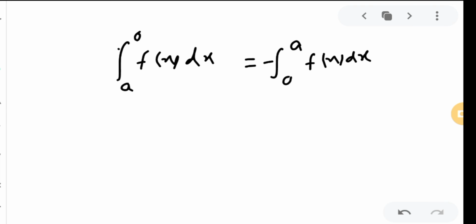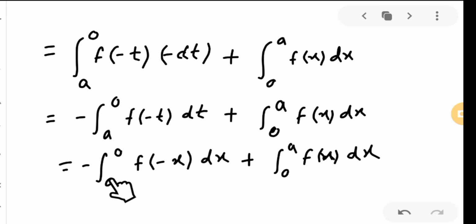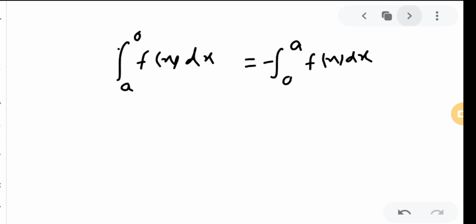So using this property, this minus I can write this side also, there is no change, everything is the same, and f of minus x dx is also the same, correct.